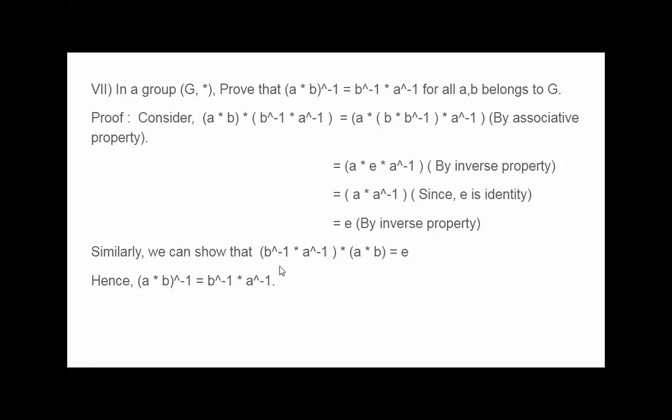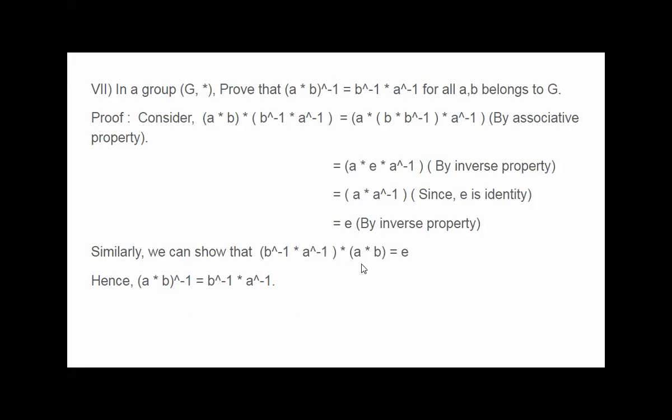Similarly, we can show that B inverse star A inverse star A star B is equal to E. Here first what we performed is A star B inverse star A inverse. Same case, what we have to show is B inverse star A inverse star A star B is equal to E. How will it be?